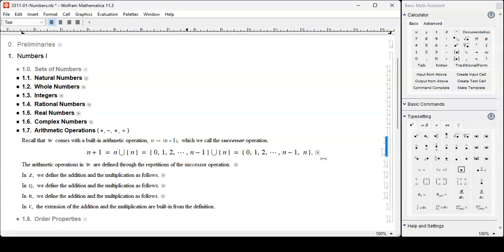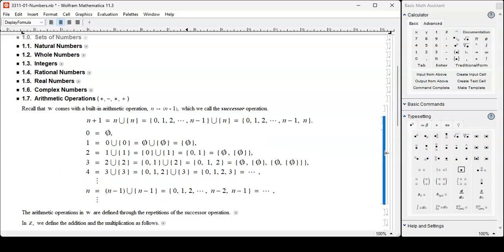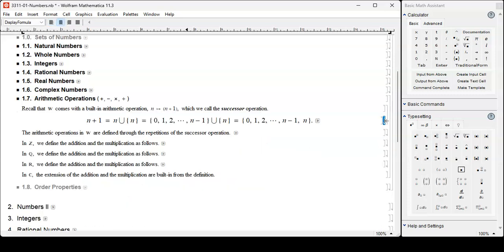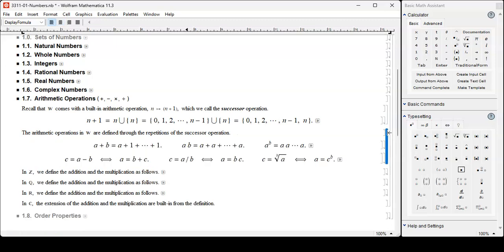It's just basically a repetition of the successor operation, remember? Repeated successor is addition, repeated addition is multiplication, repeated multiplication is the power operation, and then we can consider the inversions: subtraction, division, and radical respectively.